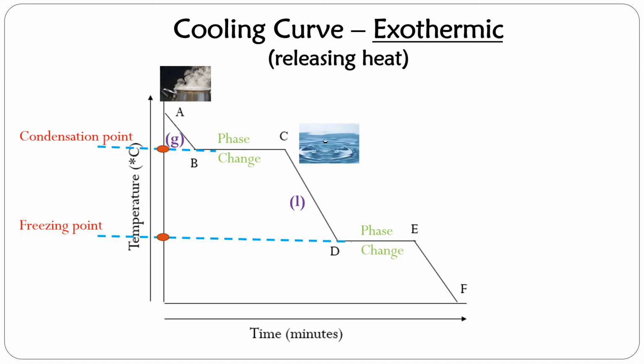And then by the time we reach point E, all of our liquid water has now converted into the solid form. It has frozen. So now we have solid ice. And then between point E to F, we will continue to decrease the temperature. But during these 2 points, the water will be in its solid phase, which will be the ice.